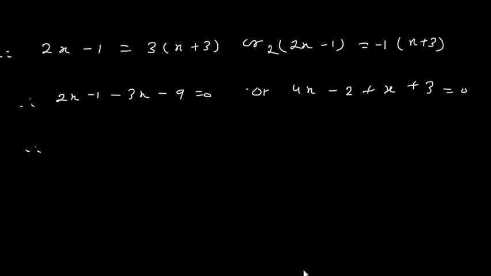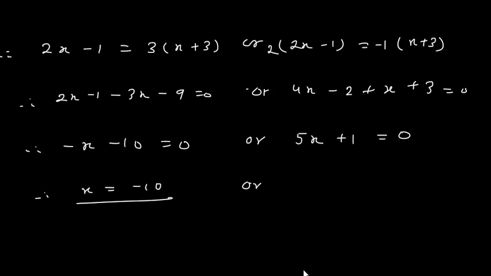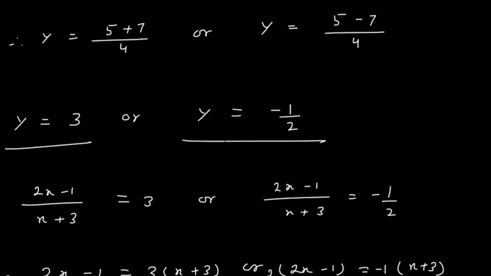So therefore now 2x minus 3x is minus x, minus 1 minus 9 is minus 10 is equal to 0, or you have 4x plus x is 5x, minus 2 plus 3 is 1 is equal to 0. So therefore we have x is equal to minus 10, or we have x is equal to minus 1 upon 5. So the value of x is minus 10, or the value of x is minus 1 upon 5. This is the answer, right?